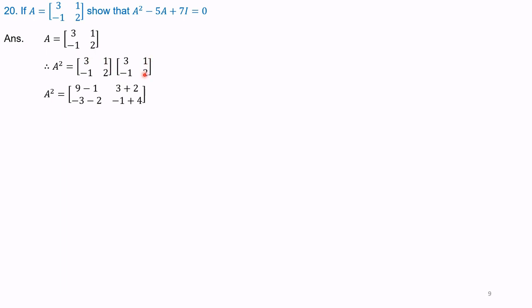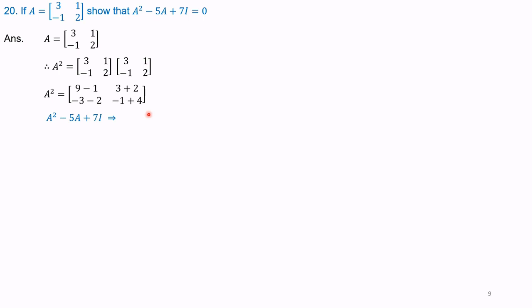The next is second row into first column: minus 1 into 3 is minus 3, 2 into minus 1 is minus 2. Then second row, second column: minus 1 into 1 is minus 1, 2 into 2 is 4. A square value we have got.